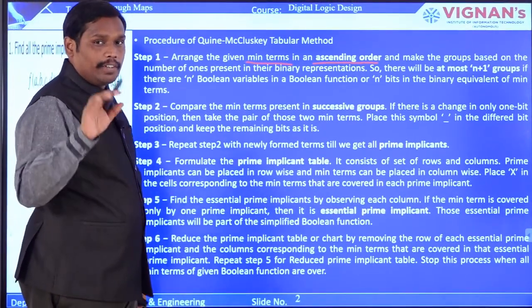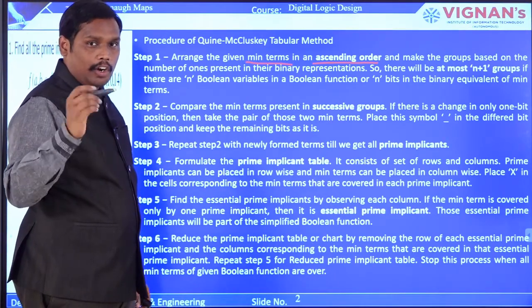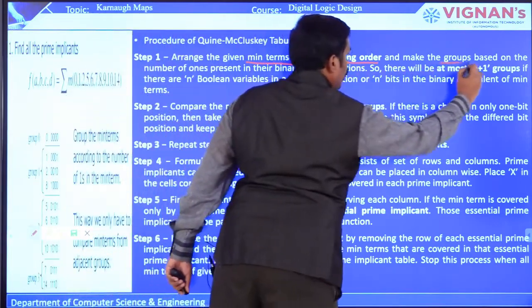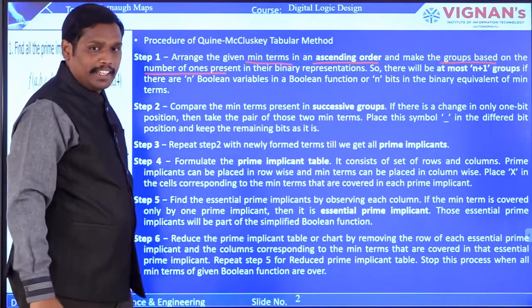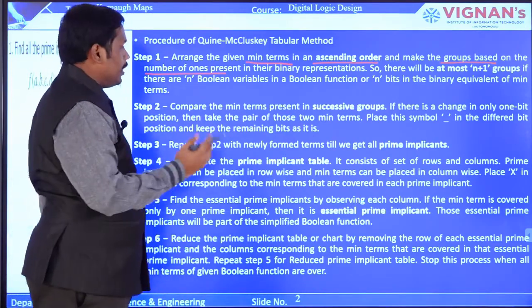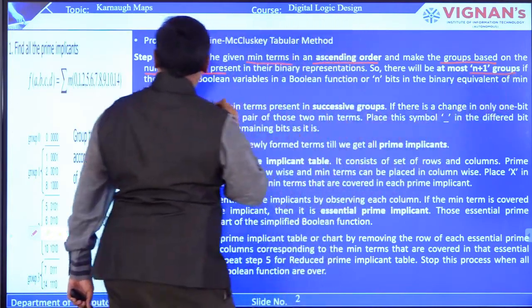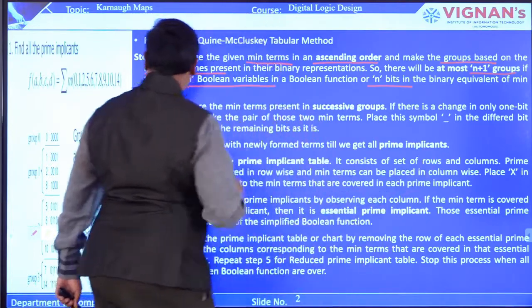As you are aware of how to form the groups in Karnaugh map, that is quads or octets or pairs, in the same way here the groups are based on the number of ones in the binary representation. Generally there will be n plus 1 groups, where we have n Boolean variables or n-bit binary min terms.